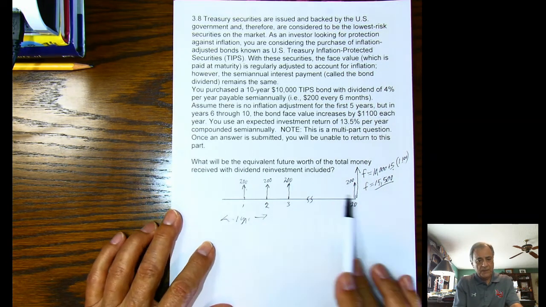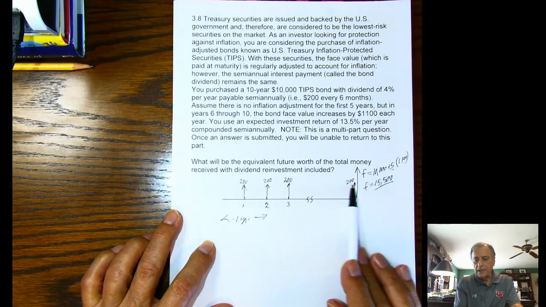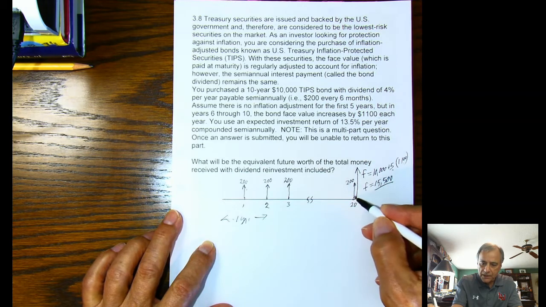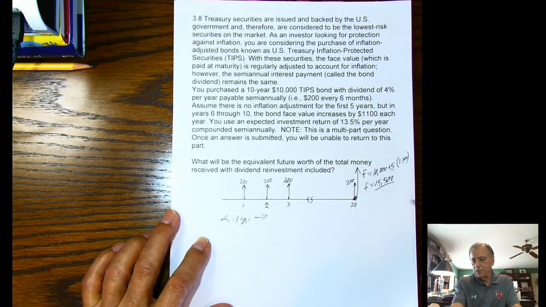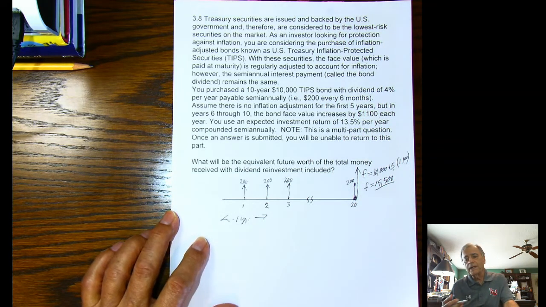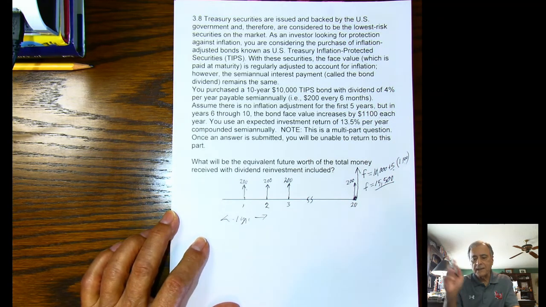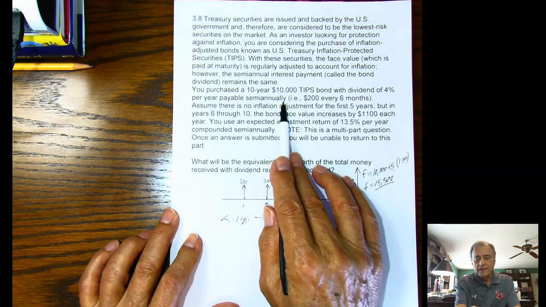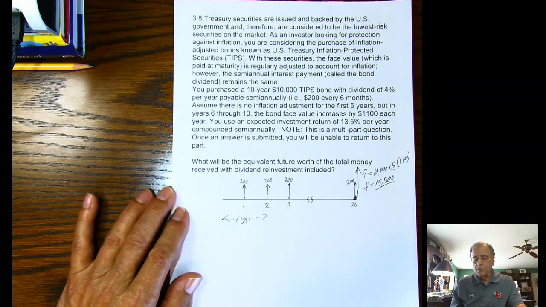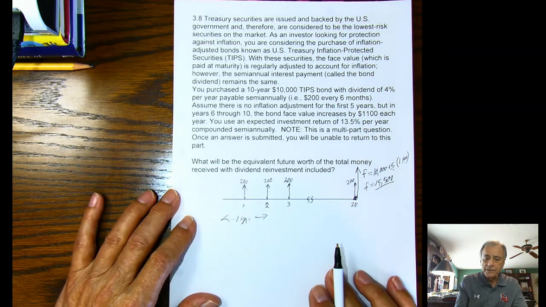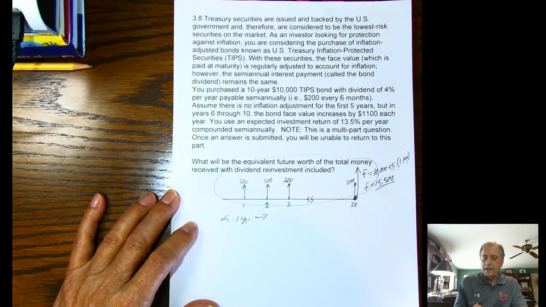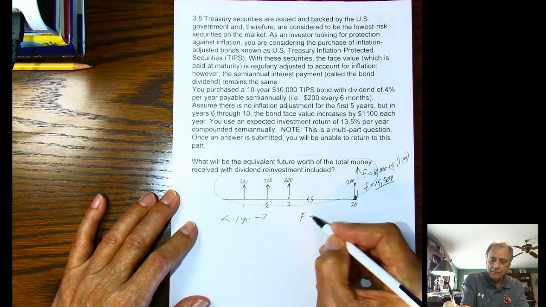Whenever you deal with a bond, you get your last dividend, and at the same time, you get the face value of the bond. For most corporate bonds, that's just $1,000. But this is a $10,000 TIPS. It's a government bond. So the question is, what is the future value of the whole cash flow? F equals what?